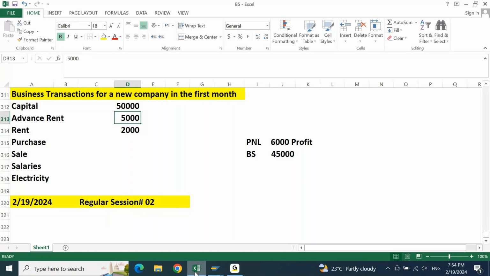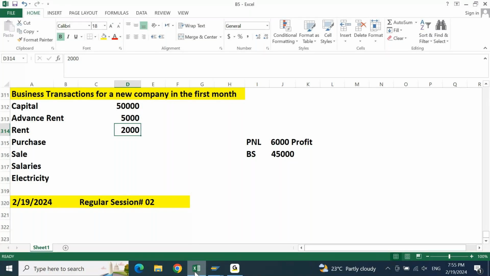After giving 5,000 advance payment, I am left with 45,000 now, because this 2,000 will be paid at the end of the month, not at the beginning of the month. So according to me, I have 45,000 available with me.